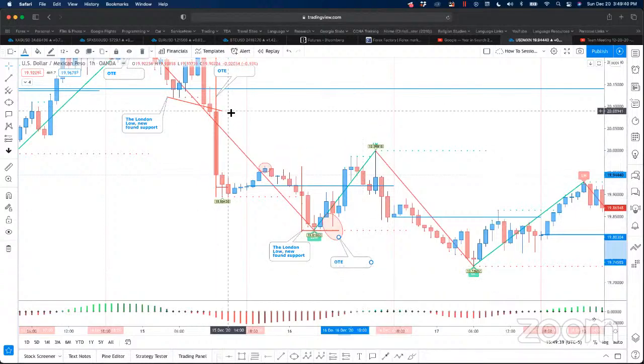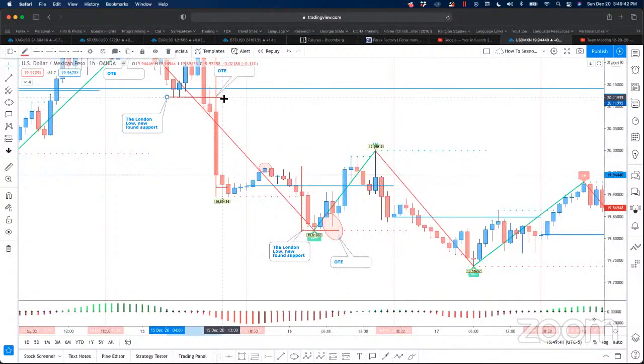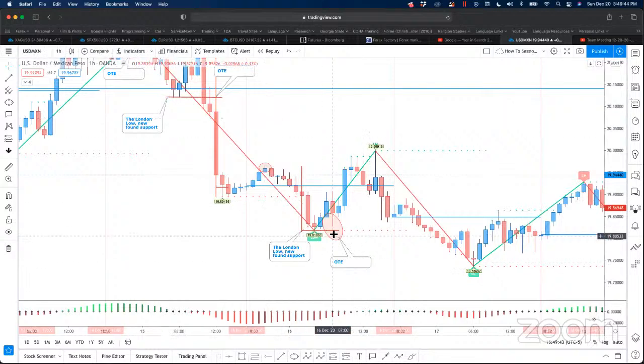Right. So optimal trade entry for the buy in this area, right? If you miss this, the high that was made through the London session was near the opening price of the day, right?